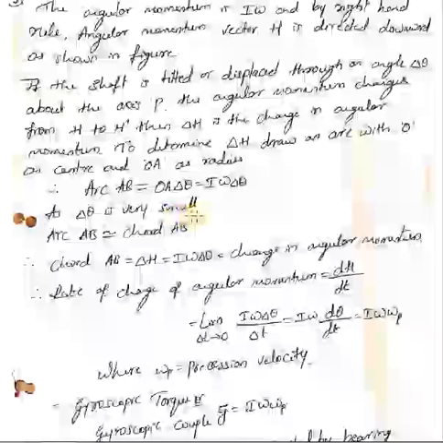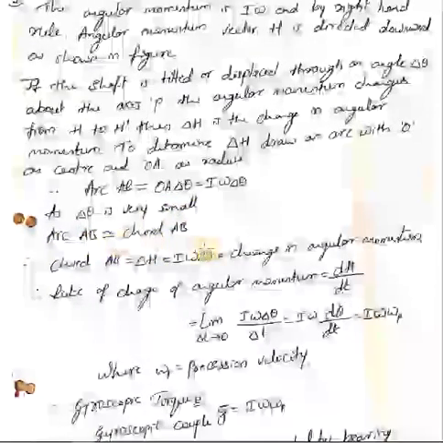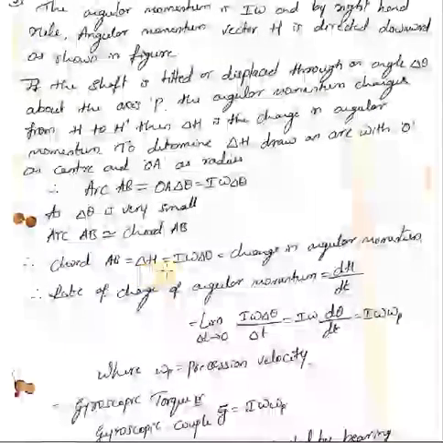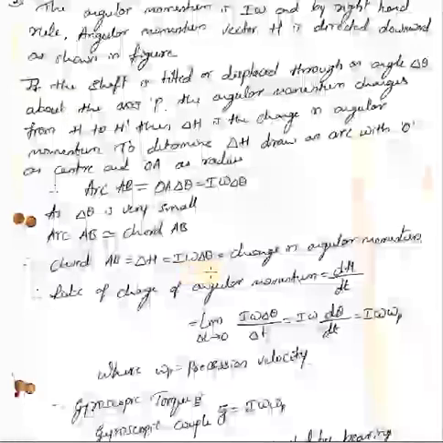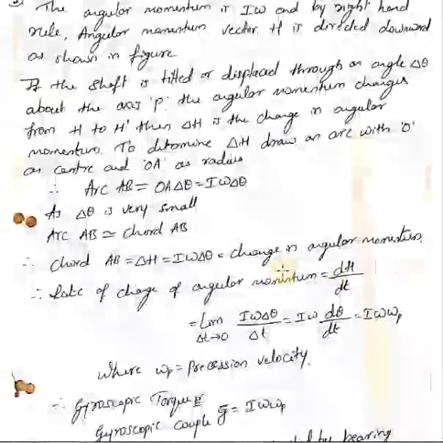As delta theta is very small, we can write arc AB equal to chord AB. So the chord AB is given by delta H, which is equal to I into omega into delta theta, that is the change in angular momentum.